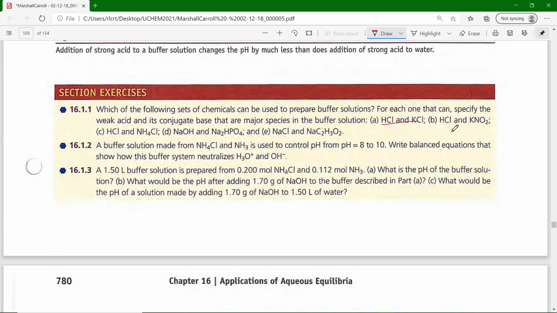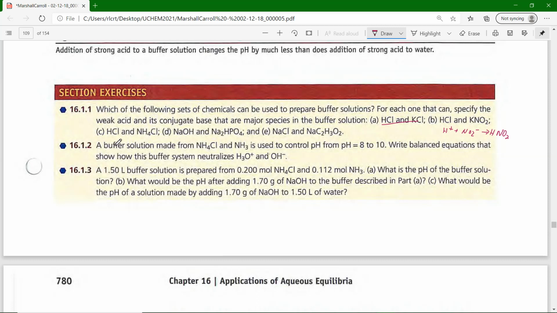HCl and KNO2, yeah, that'll work because you'll have H plus reacting with NO2 minus to give you HNO2. So as long as you're careful and don't completely neutralize the NO2, keep the ratios of conjugate base to acid 1 to 10 or 10 to 1, within those limits, then you would get a buffer being prepared.